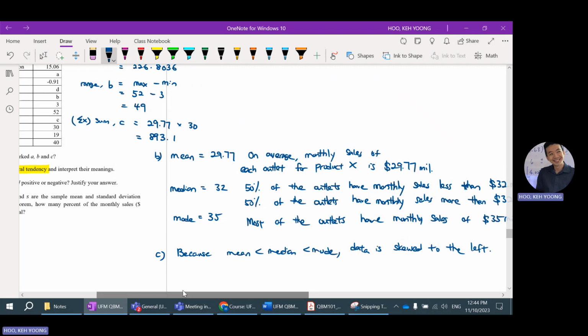So should D be positive or negative if skewed to the left? Negative. So therefore, D is negative. D is the skewness value in your summary output, so it should be a negative value because it's negatively skewed.